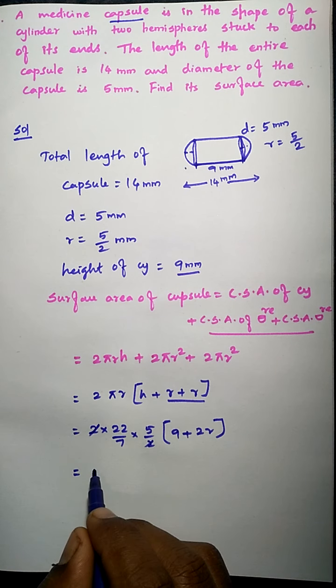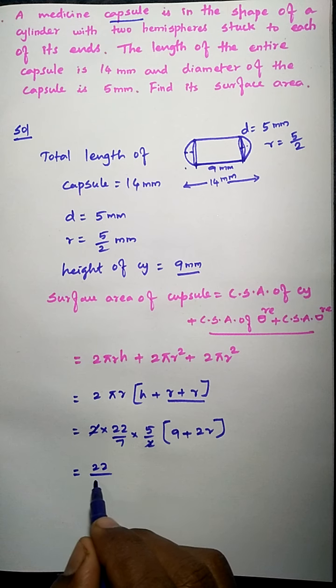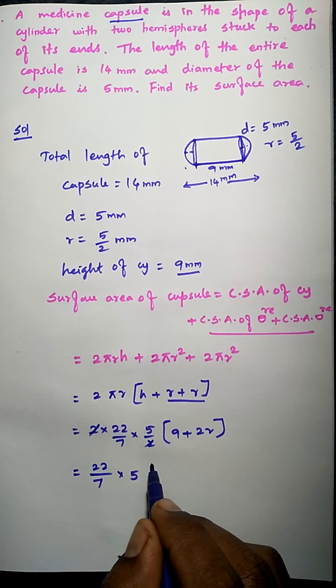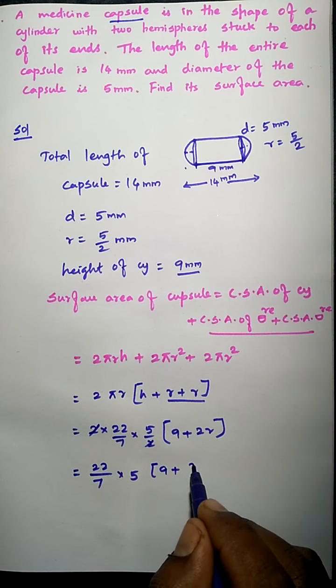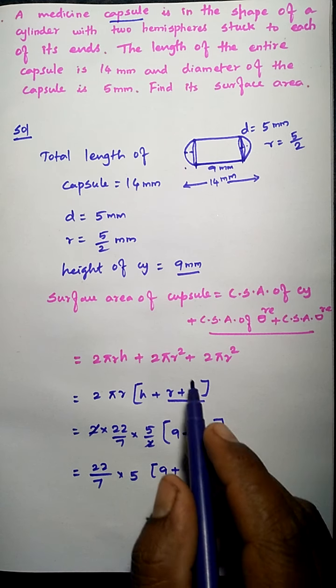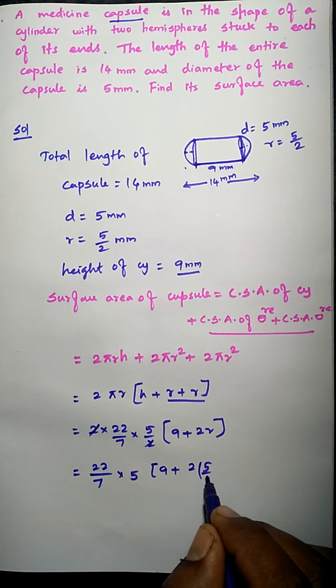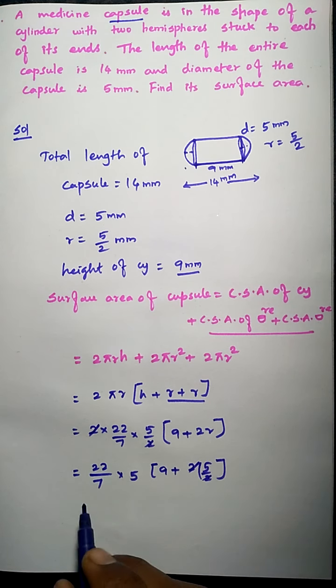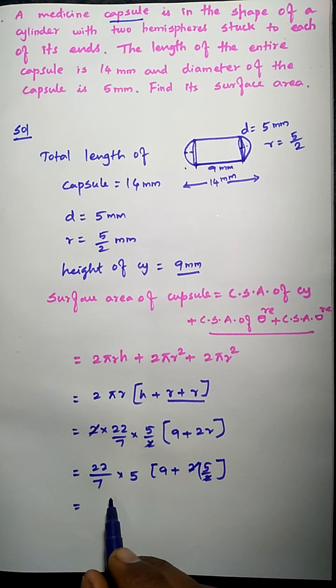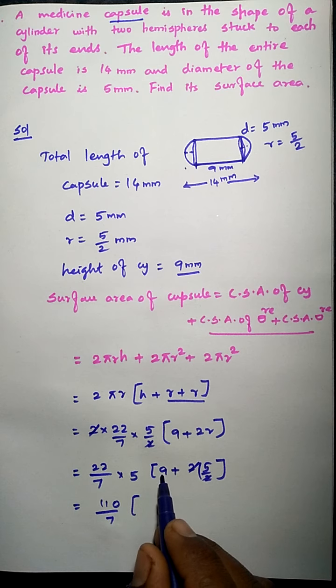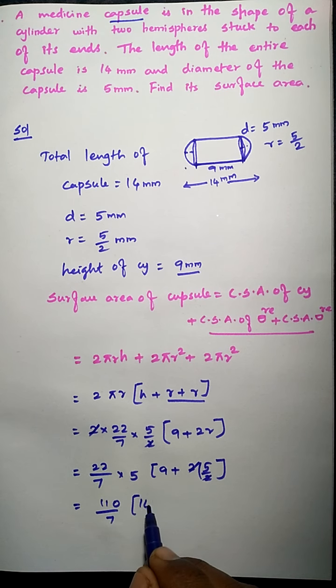This 2 and 2 cancel, so 22 by 7 into 5 into 9 plus 2 into radius 5 by 2. So 2 gets cancelled, remaining just multiply: 9 plus 5 you will get 14.